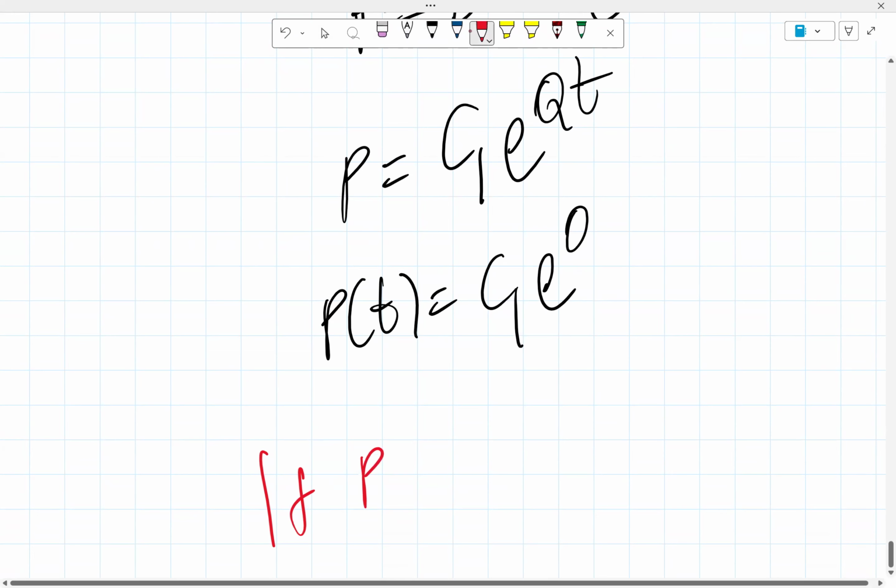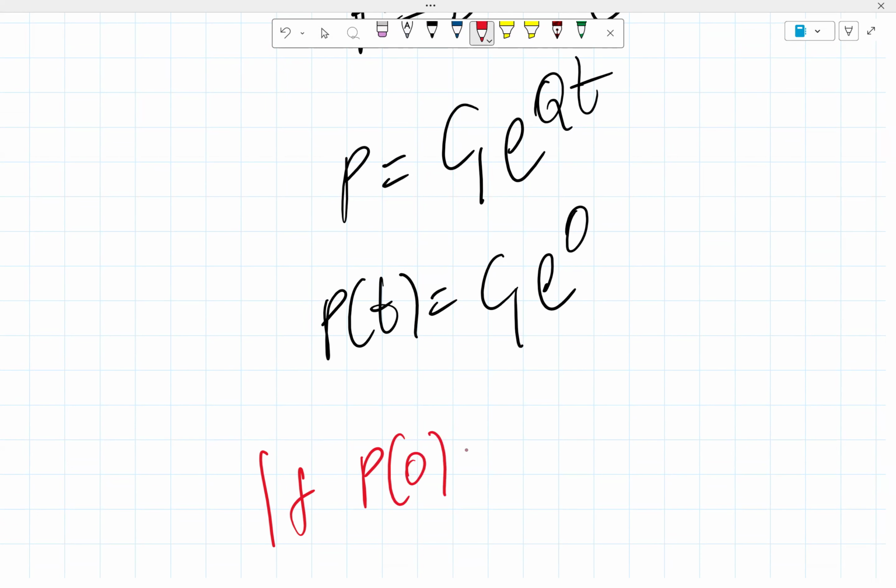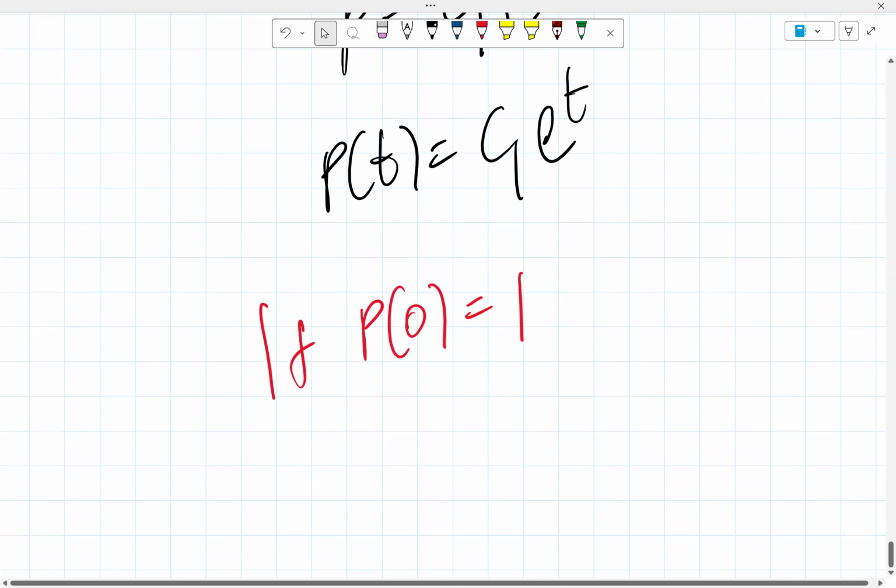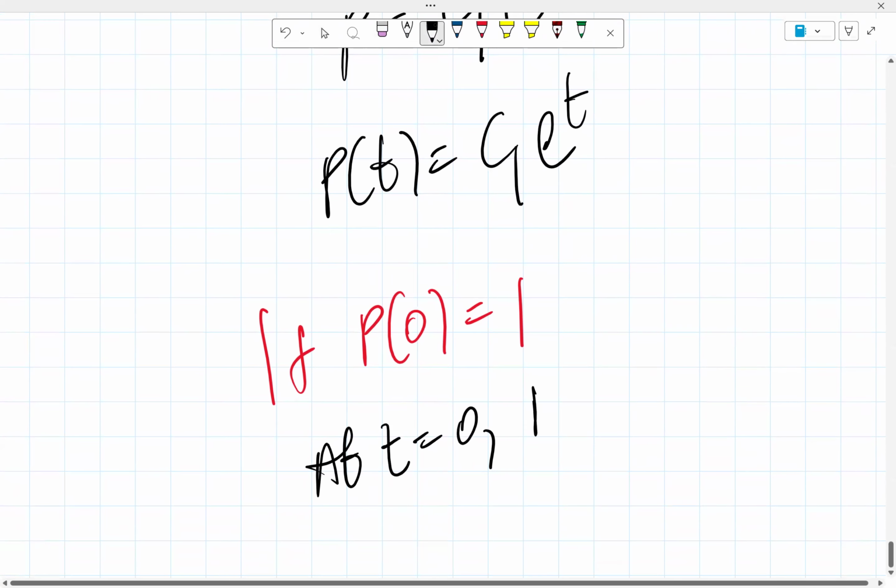If P0 is equal to 1, this is t, sorry. If P0 equals 1, that's the initial condition now. That means that at t equals 0, P is equal to 1.